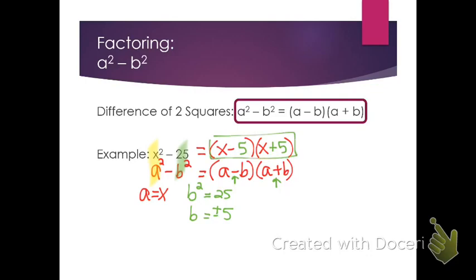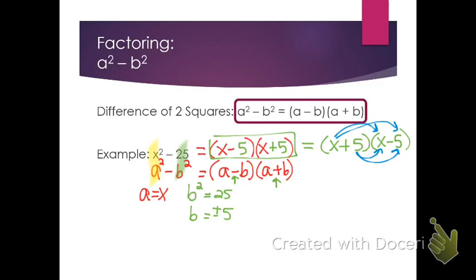Just one side note, don't forget that multiplication is commutative. So if you had x minus 5 times x plus 5, that's the same thing as x plus 5 times x minus 5. And then in terms of checking your answer, if you had some extra time on a quiz or something like that, what you would do is you would distribute your answer.